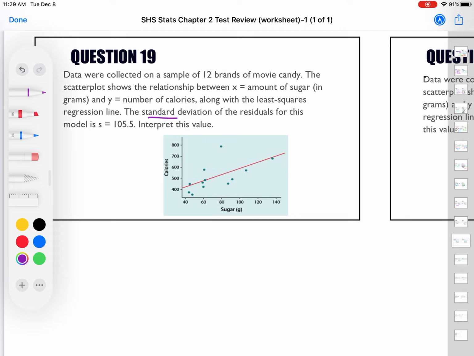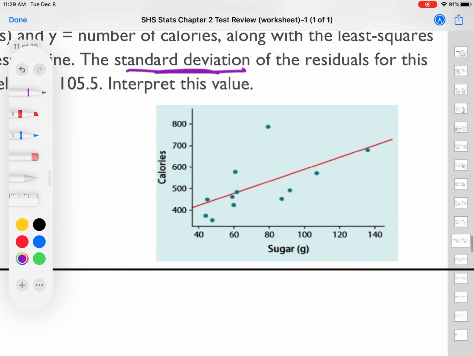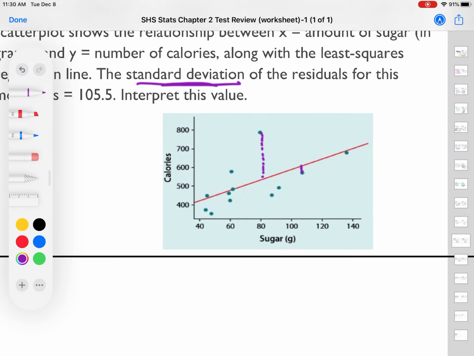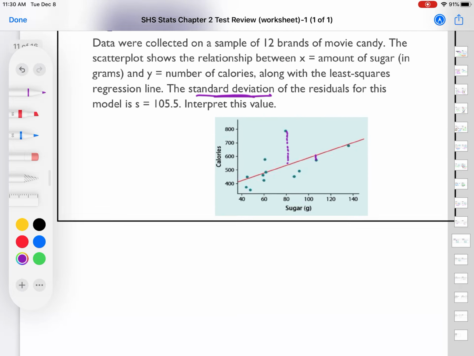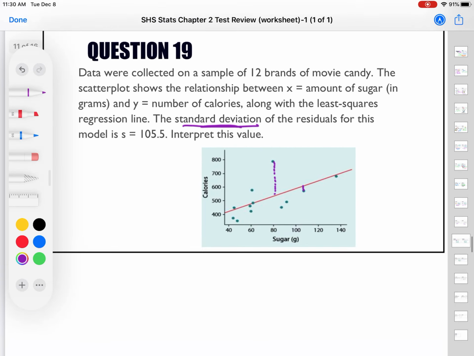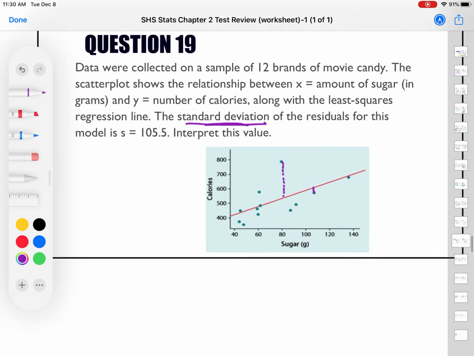The standard deviation of the residuals for this model is S equals 105.5. Interpret this value.